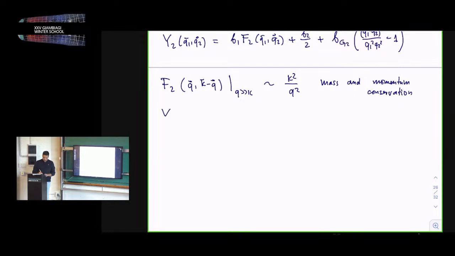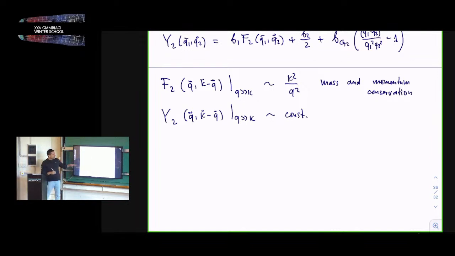However, if you look at galaxies and you do the same exercise, because now you introduce some other terms, if there was only F2, that would still be the case. But since you have these new terms appearing here, they're going to spoil this property, and this is going to go like a constant.